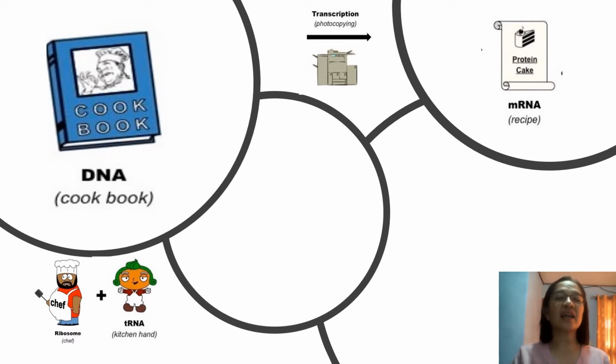Kasi, ang tRNA or the transfer ribonucleic acid helps decode the specific codon of mRNA using its anticodon in order to transfer a specific amino acid to the end of a chain in a ribosome.